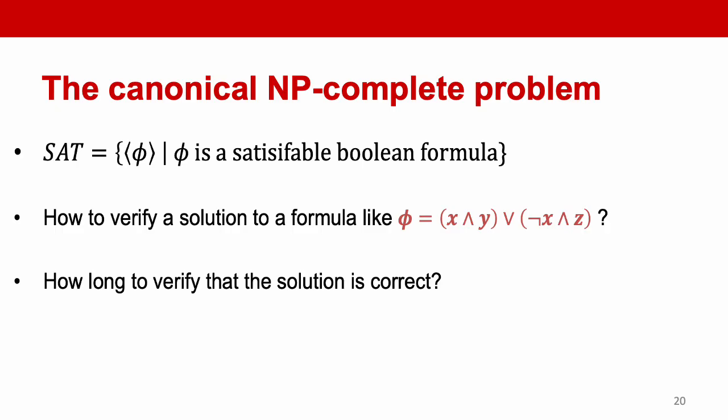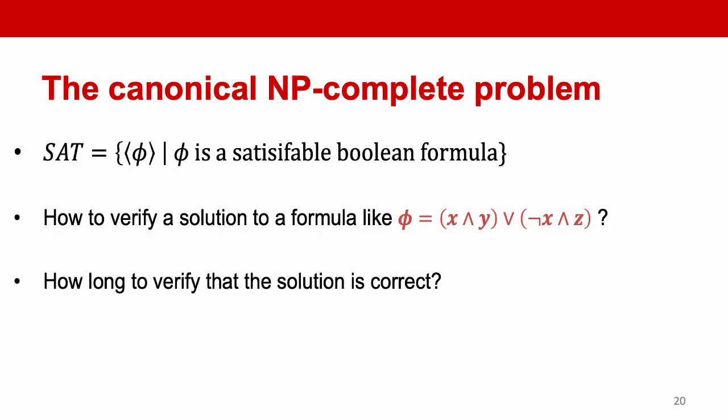The question becomes how to verify a solution to a formula like phi equals x and y, or not x and z. The input size of phi is the number of variables that you have, so x, y, and z in this case, which would be 3. And then think about the truth table. It's going to be 8 rows long because you have to do all the combinations. That ends up being exponential.